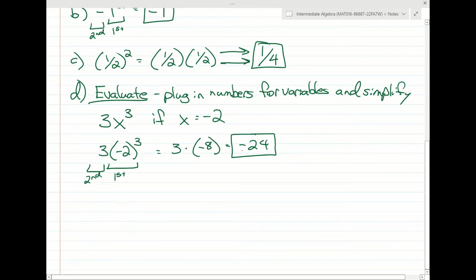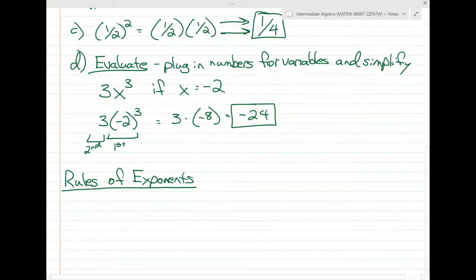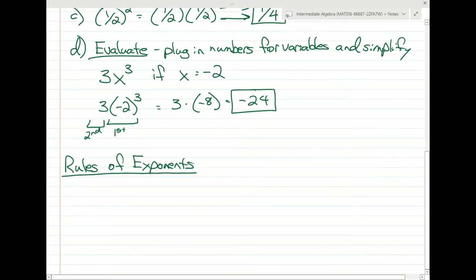All right, now let's get into some rules of exponents. And there are about 5 of them. First rule is called the zero power property.